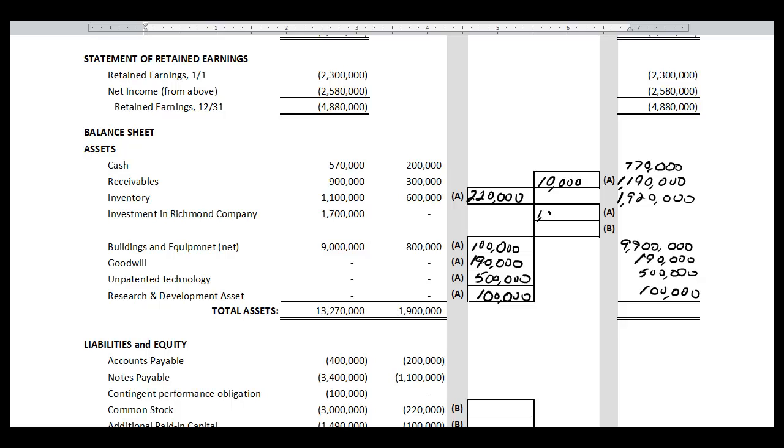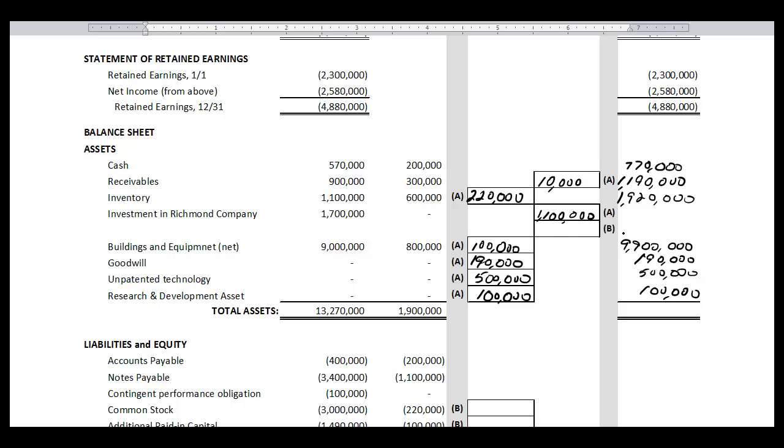Now, the reason is, if I am going to show the entire world these assets and liabilities, I'm going to show them because Miller is bringing Richmond into its consolidated group at market value. That market value was part of that investment that I recorded.